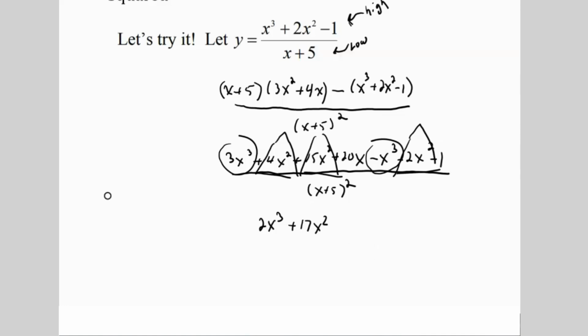And then I have a plus 20x, and then I have a plus 1, all divided by x plus 5 squared. All right, so there's our first example with the quotient rule.